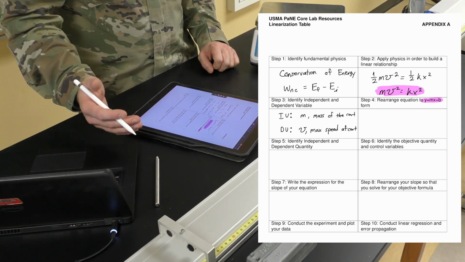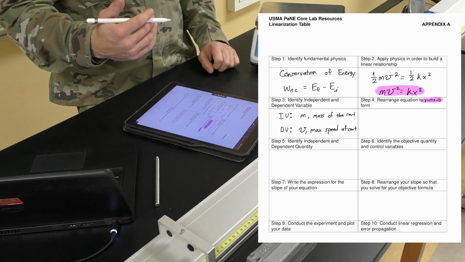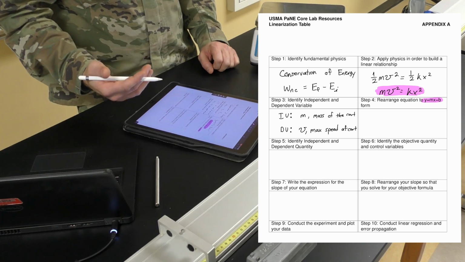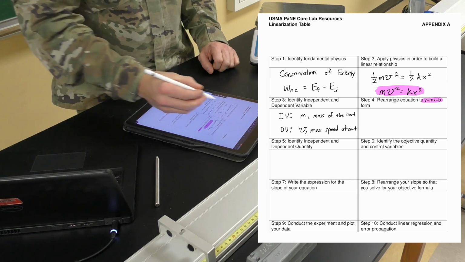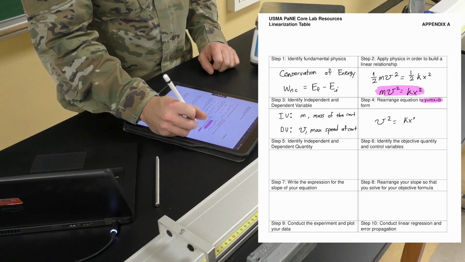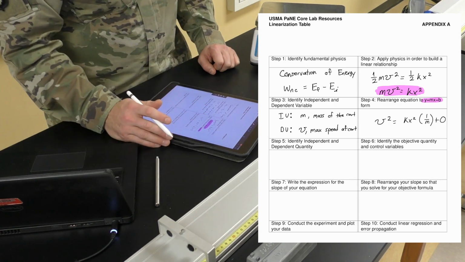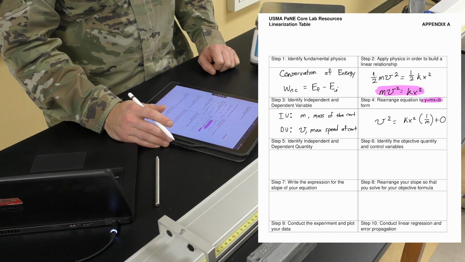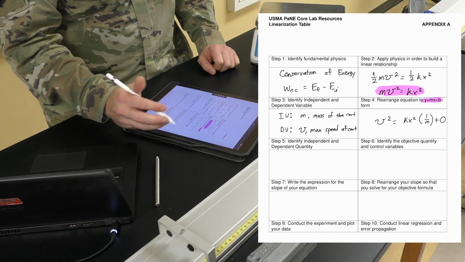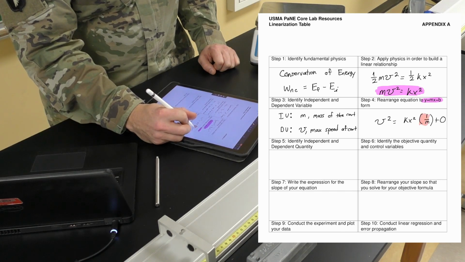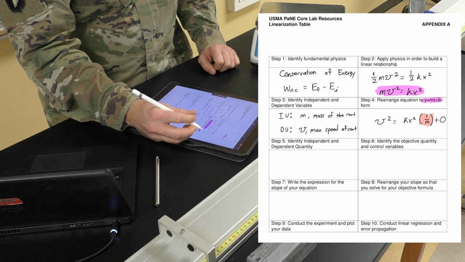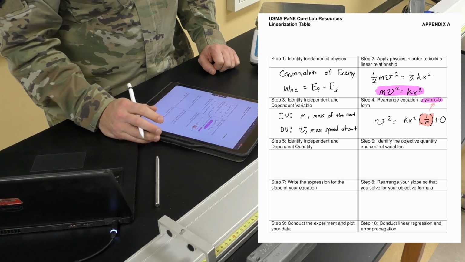So in this case, I'm going to rearrange my equation so that the speed is isolated on the left-hand side and my mass of the cart is on the right-hand side. I went ahead and put in a few extra details into this equation as I was writing it. I added the parentheses so that my independent variable lined up with x in the linear expression.